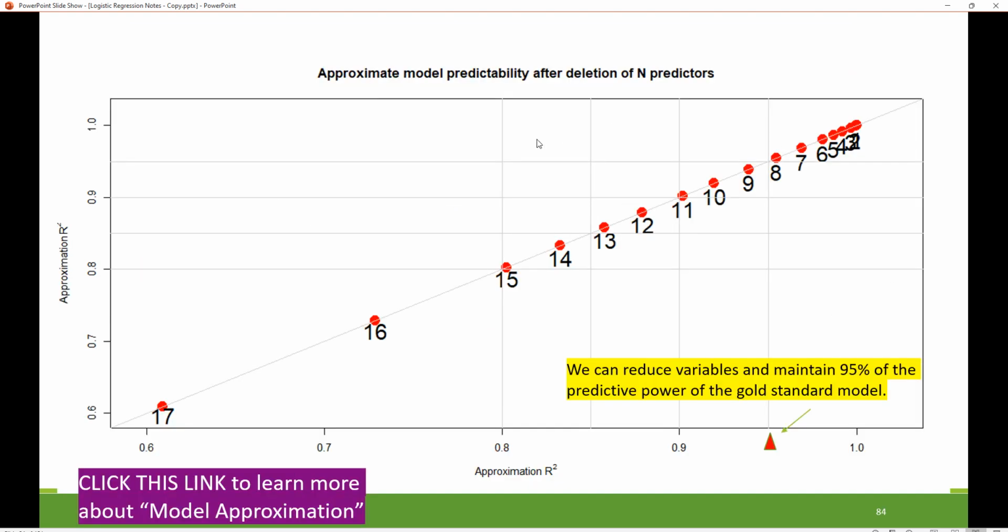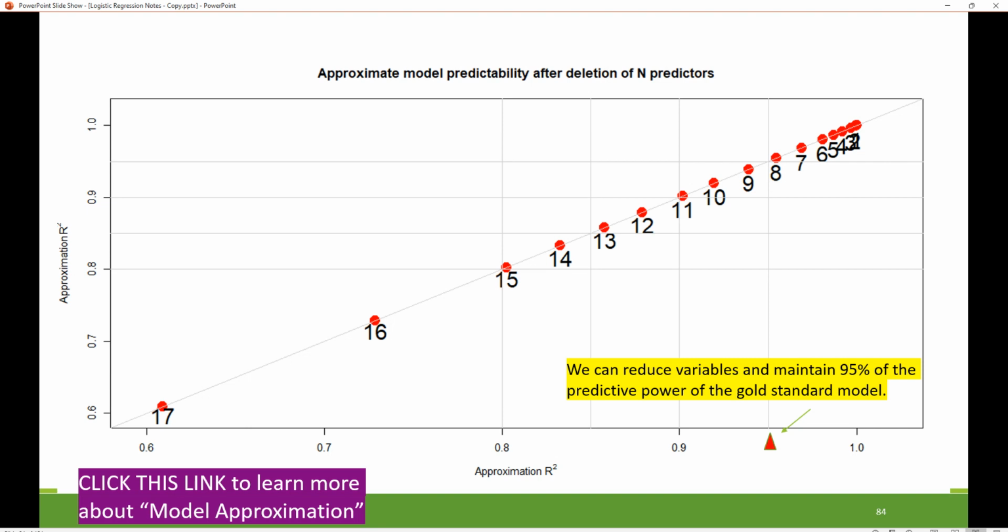One way we can do that is through model approximation, and this is in the RMS package. What we do is we can reduce variables and maintain 95% of the predictive power of the gold standard model. The idea is that not all variables are created equally in terms of how well they predict.